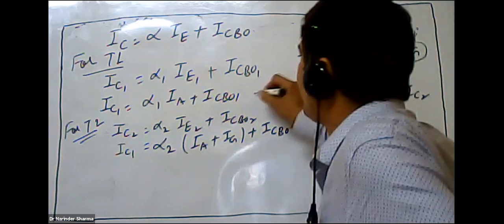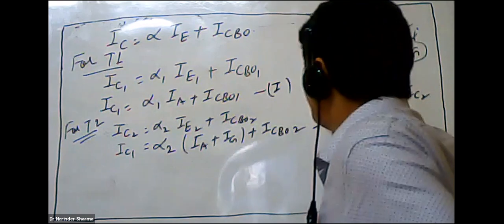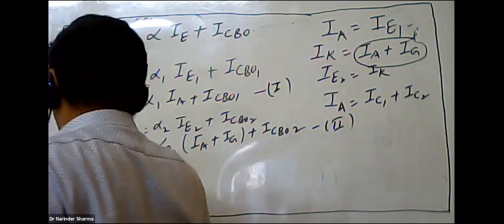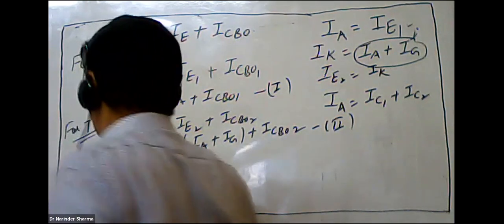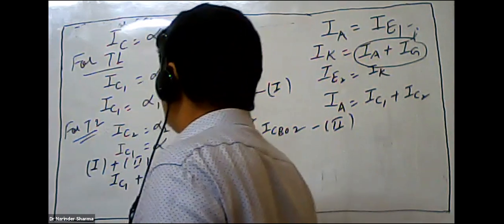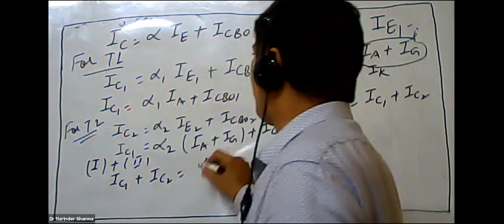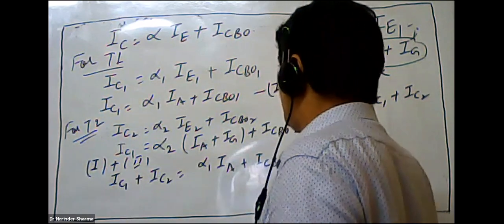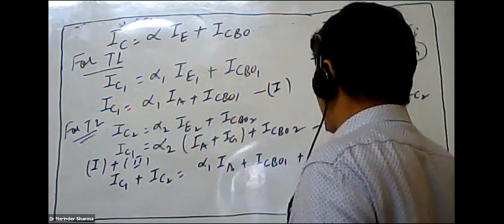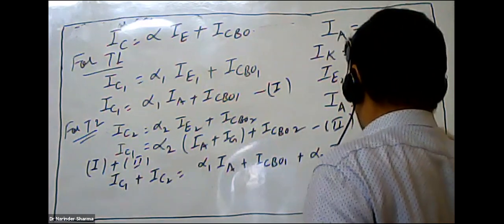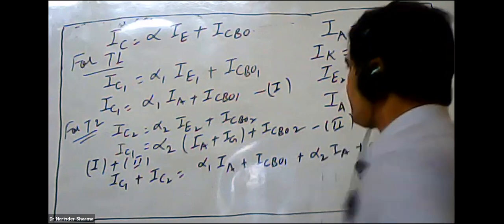Mark this as equation number 1 and this as equation number 2. Now I will add both equations, 1 and 2. I will get IC1 plus IC2 equals alpha 1 IA plus ICBO1 plus alpha 2 IA plus alpha 2 IG plus ICBO2.